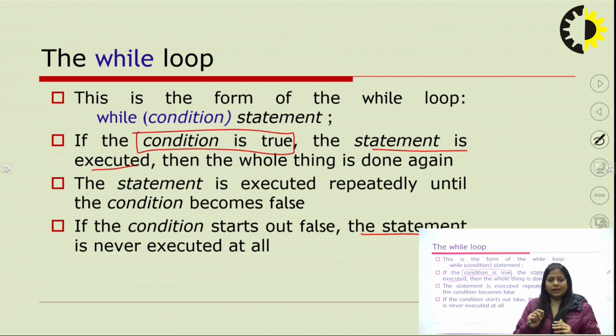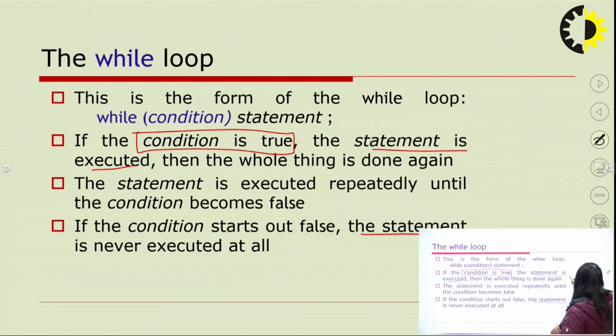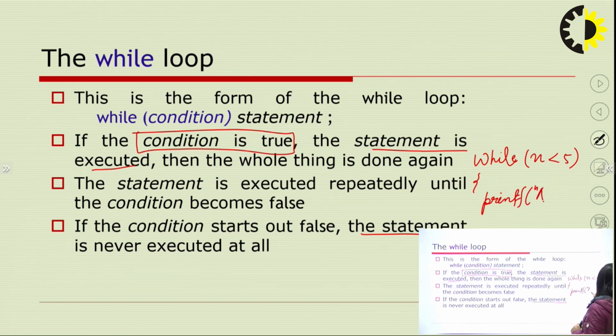What does it mean? Suppose I have written while n is less than 5, printf AKGEC. Say I have taken a variable n and the value of n is 10.